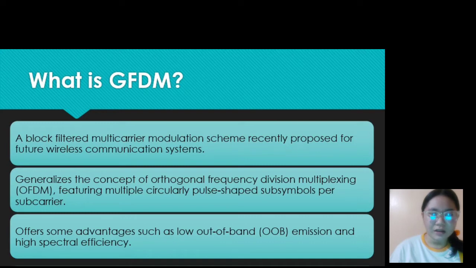It generalizes the concept of orthogonal frequency division multiplexing, or OFDM, and features multiple circularly pulse-shaped subsymbols per subcarrier. As a flexible non-orthogonal waveform candidate for 5G, it offers some advantages such as low out-of-band, or OOB, emission and high spectral efficiency.